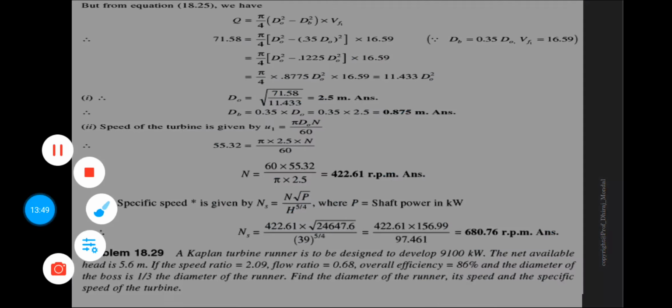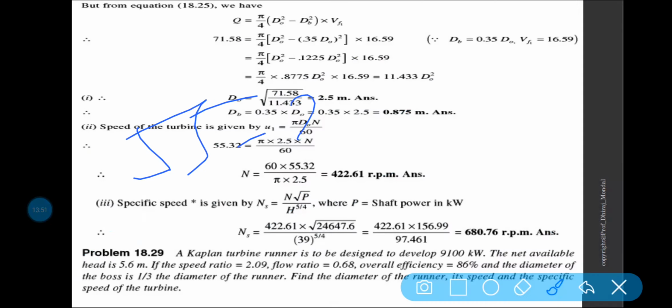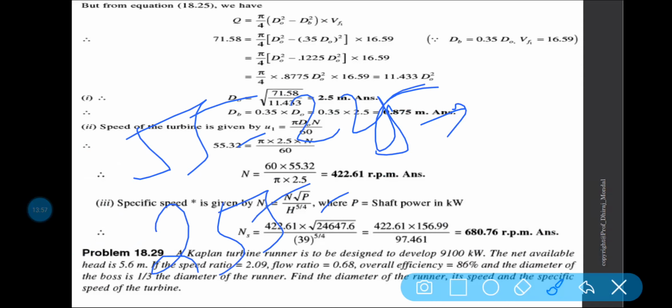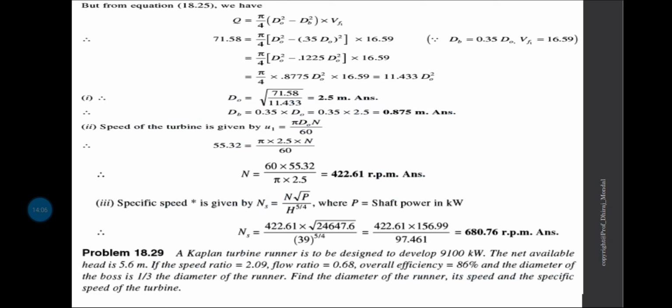If the specific speed is 55 to 225, then it is called a Francis turbine. If you are getting 255 to 860, then it is called either a Kaplan turbine or a propeller turbine. So based on the specific speed, you can classify which type of turbine it is.